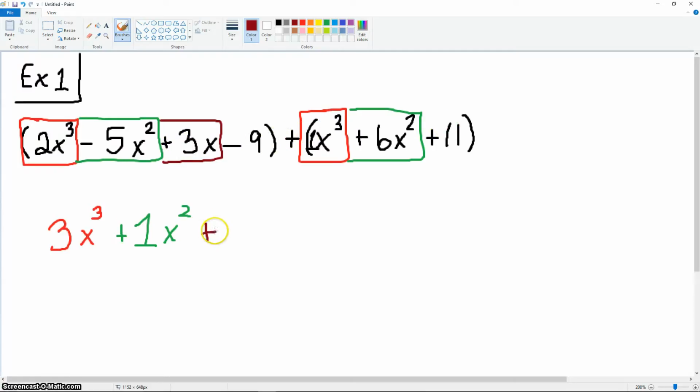So we're left with just plus 3x. And then finally, we have the constants left. So we have a negative 9 plus 11, and that will give us a positive 2.